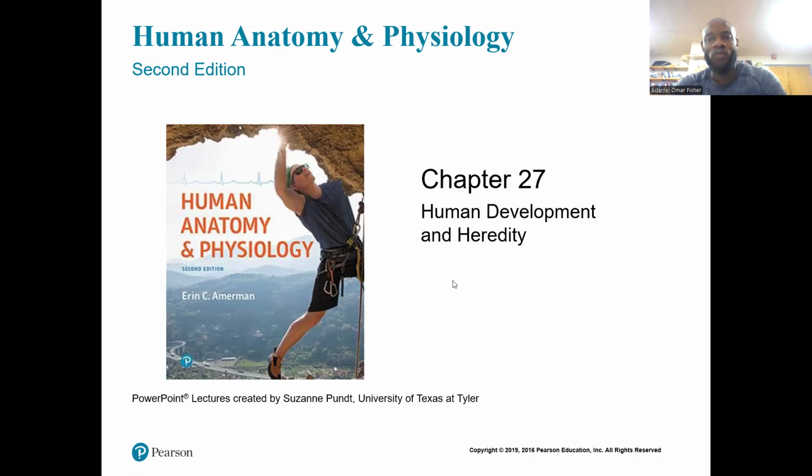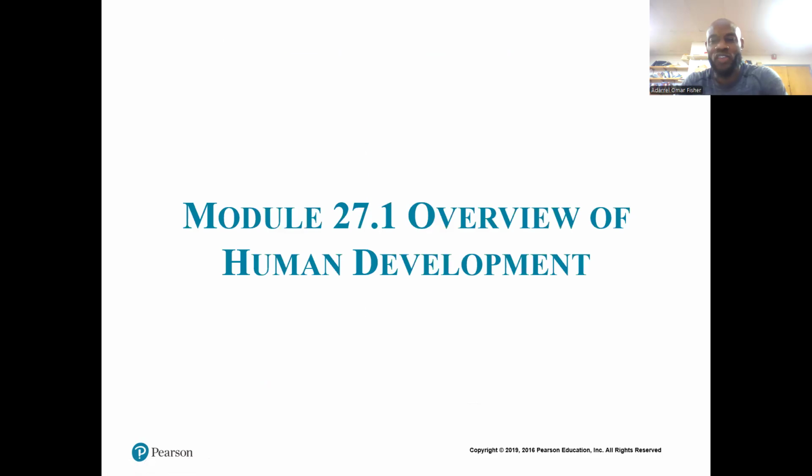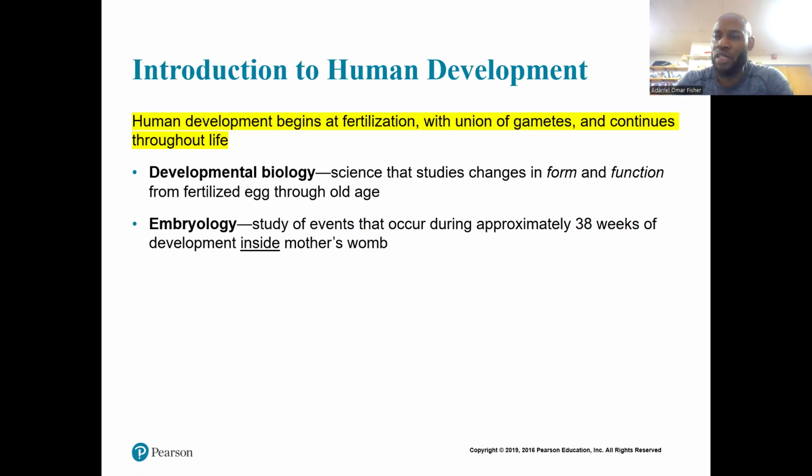How do we become human beings? Right. So, in the beginning, human development begins at fertilization. Remember, the egg and the sperm fertilize. At that point in science, that is a person, has all the DNA that it needs to be able to continue through life.